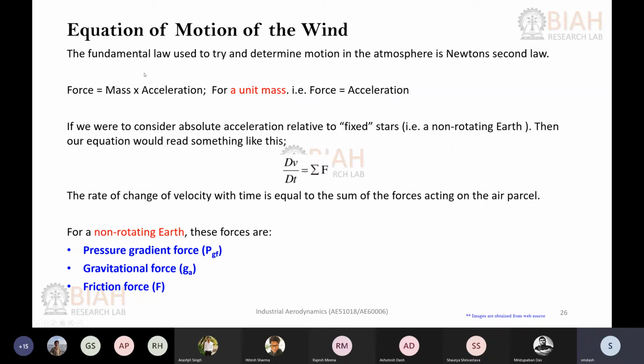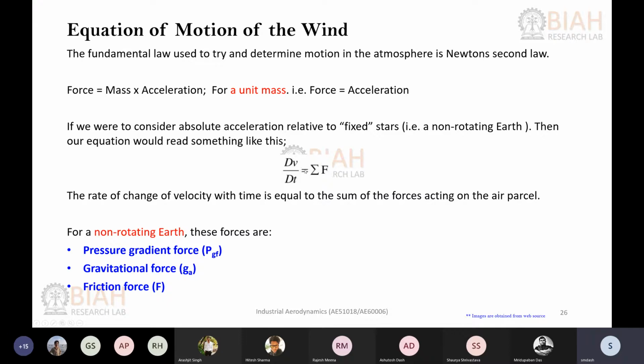Using this same law, you can derive the equation of motion for the air parcel or air molecule in the atmosphere. That means the material derivative of the velocity of the air parcel will be equal to the net force it is experiencing. That is a very basic equation to start with.